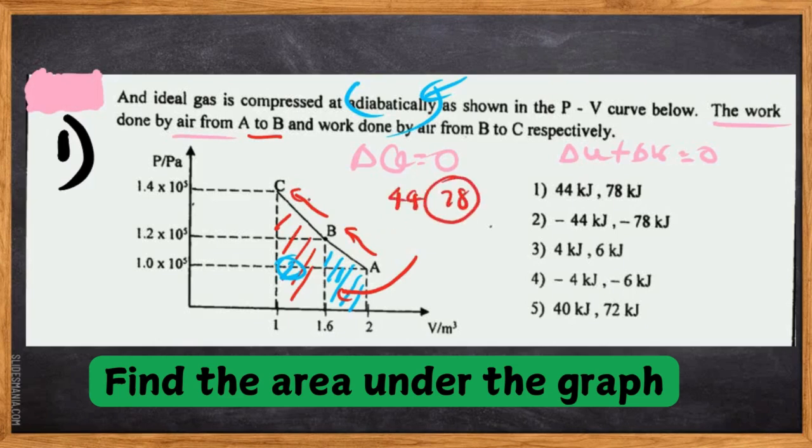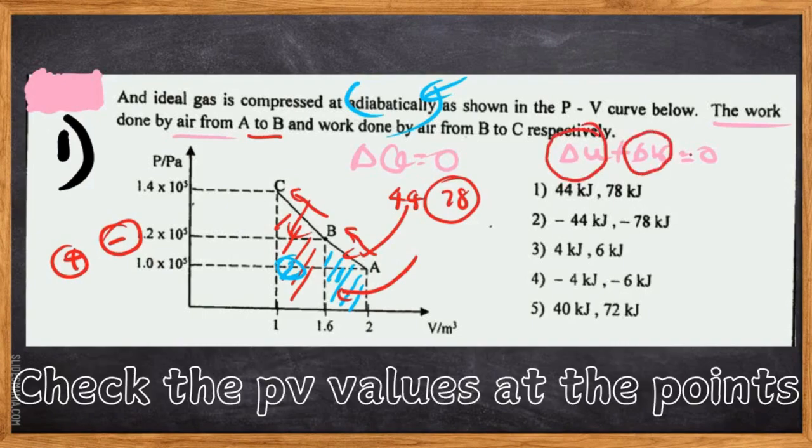So this is 78 and this is 44. Whether they are positive or negative is the question now. Delta Q and delta W, we can see delta Q has to be 0, so let's see whether the delta U value is positive or negative. From A to B, we need to identify what happens to the temperature.